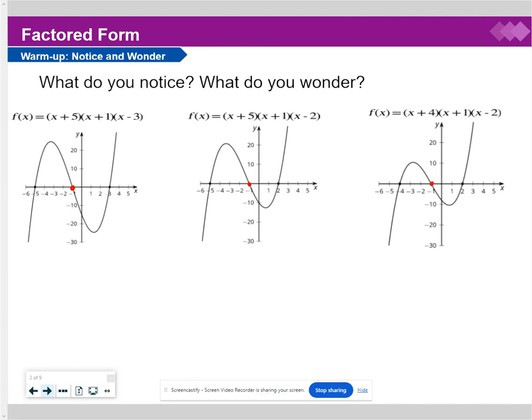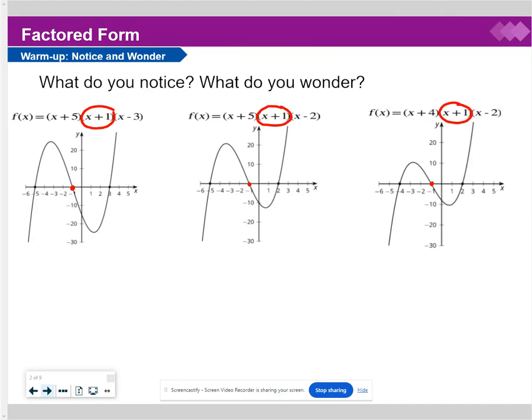And you should be able to notice in the function itself that I've got this factor of x plus 1 in all of them. Right? The fact that I've got that x plus 1 and I've got that -1 as an x-intercept, that should tell you that those are kind of going together.